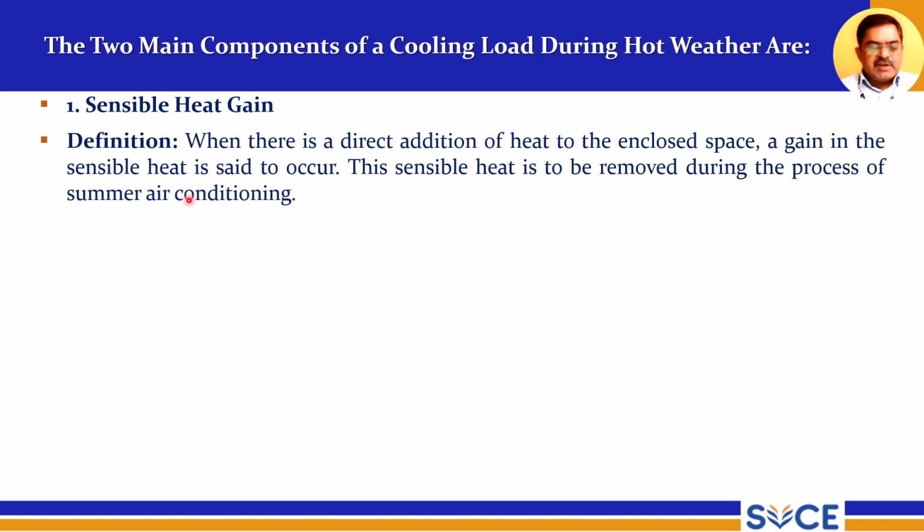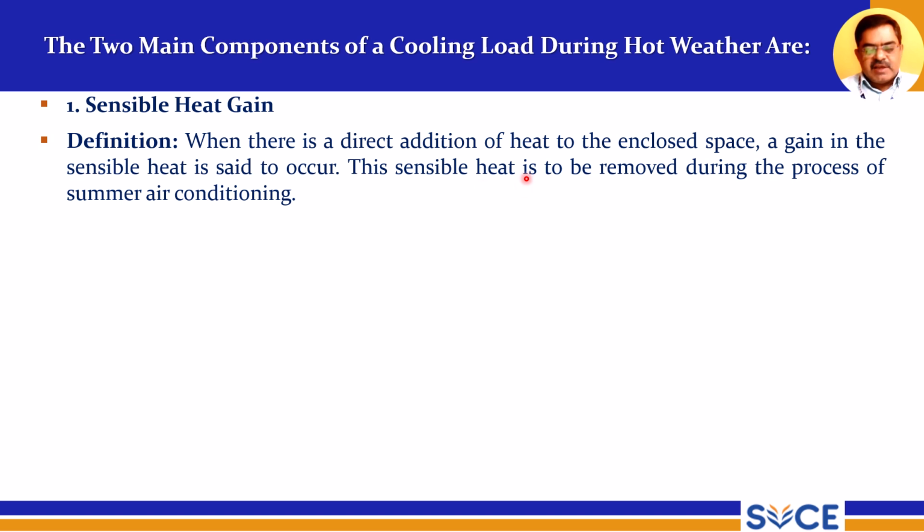Sensible heat gain is when there is a direct addition of heat to the enclosed space; a gain in the sensible heat is said to occur. If sunlight is falling into the room directly, that is direct exposure to heat, and a gain in sensible heat is said to occur.